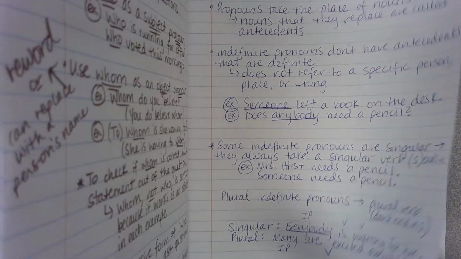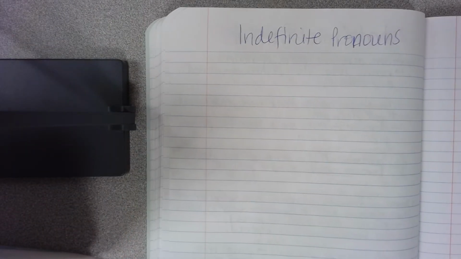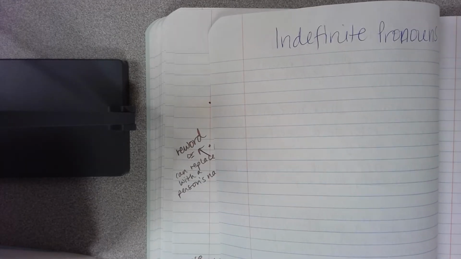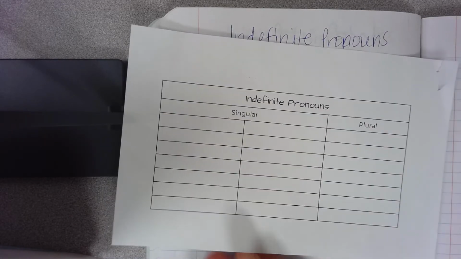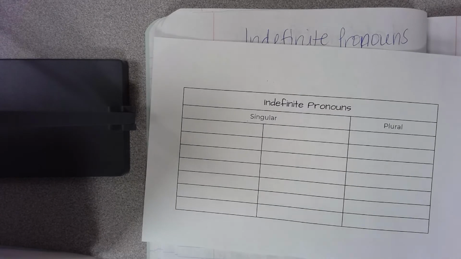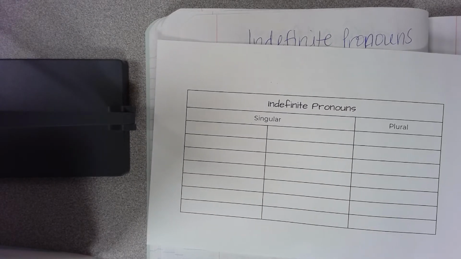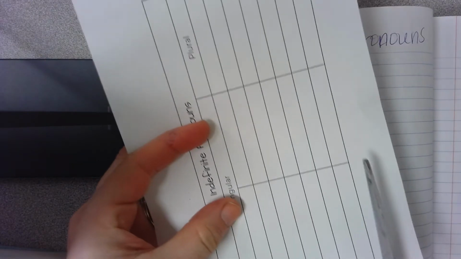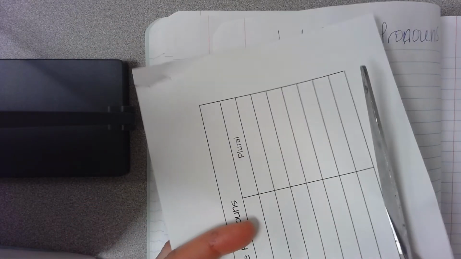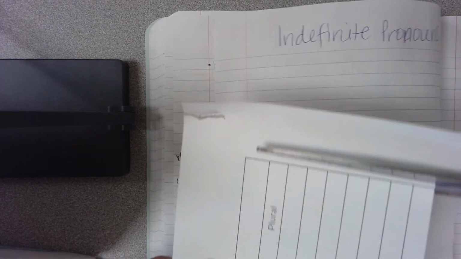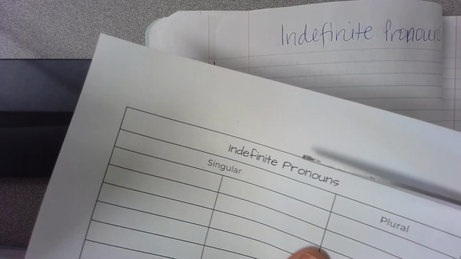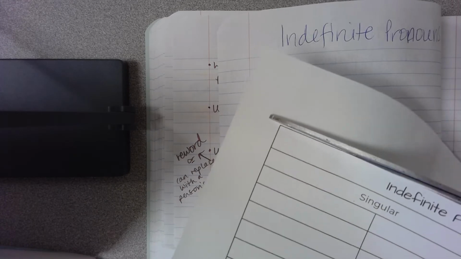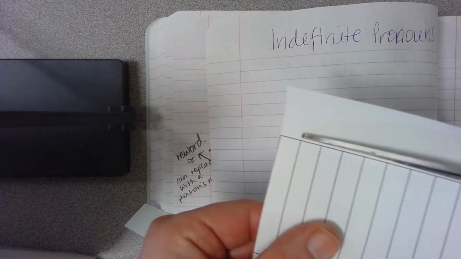Okay, so we have on our next page indefinite pronouns. This guy right here that we're going to cut out and glue in just to make it fit a little bit better on the page. So I'm going to cut out the people. And this is going to give you a lot of good examples of ones that you may find in a sentence.